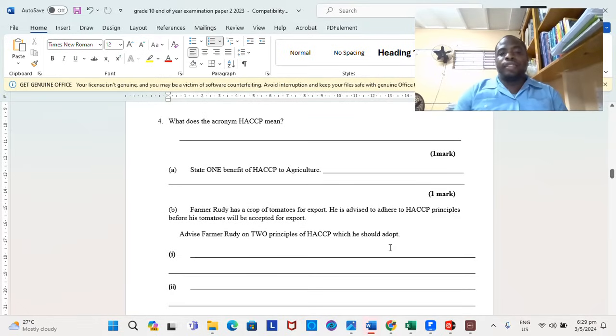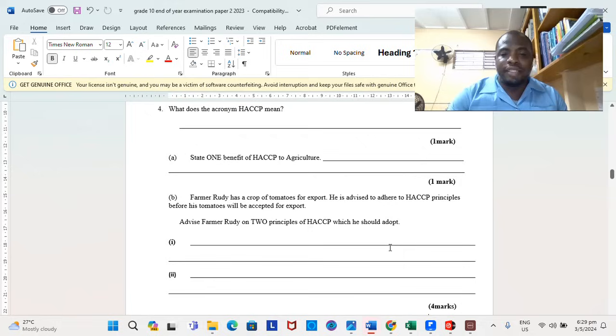So the next aspect is the verification procedures. You want to check if the system, the HACCP, is actually doing what it's supposed to be doing. So you verify that the limits are intact.